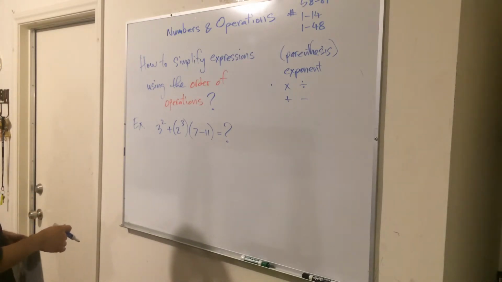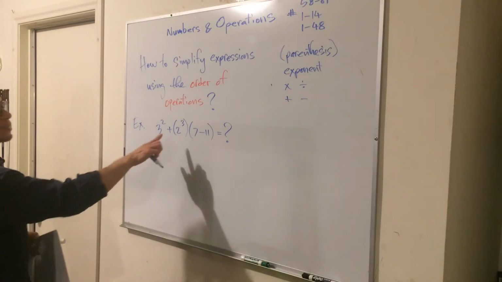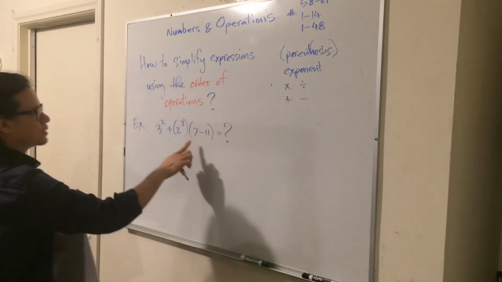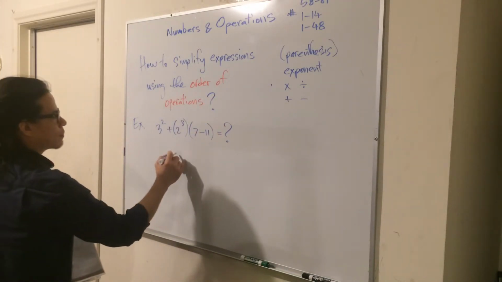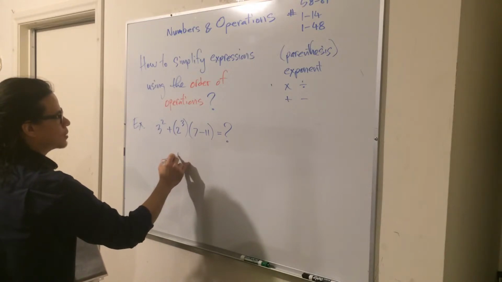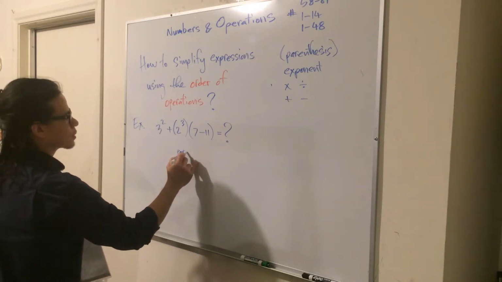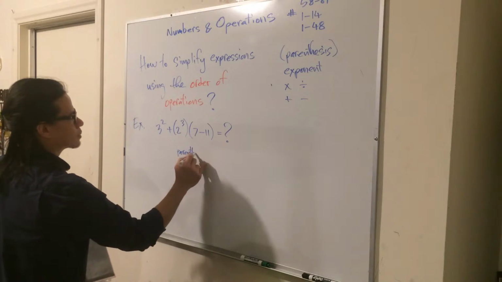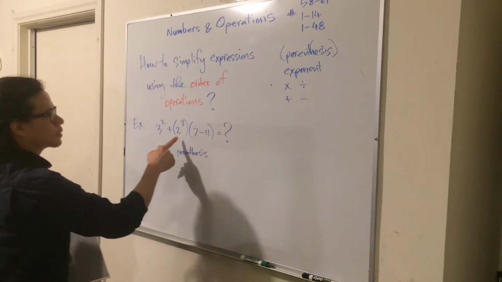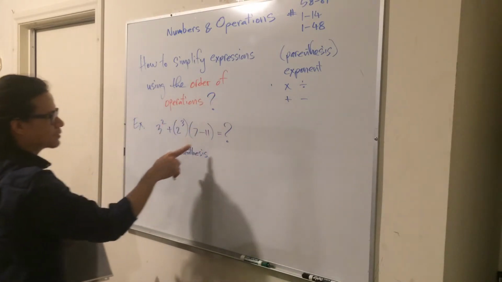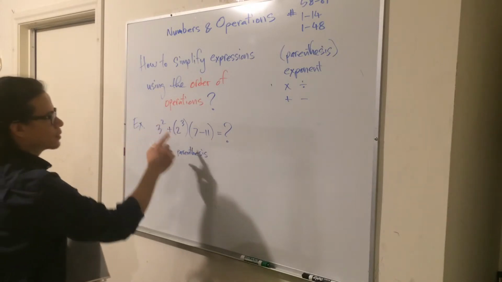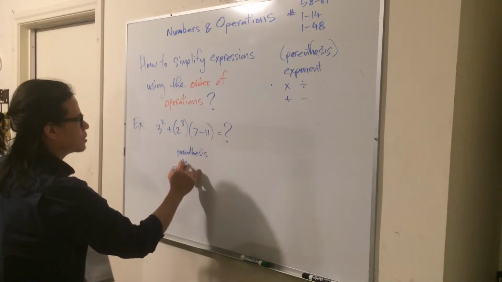Okay, so we need to plan out our attack here. There's definitely parentheses to worry about, so I'm going to be doing parentheses. Check to see if there are any exponents. There are. So we'll be doing exponents.